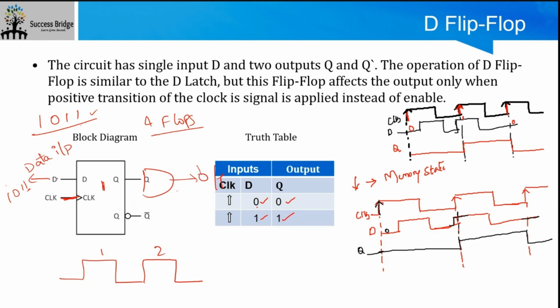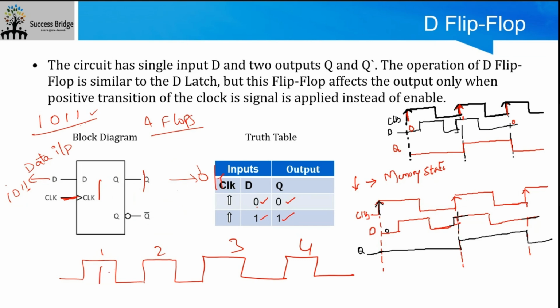Next, on the third cycle, you will have 0 coming in as data. Now in the third cycle, the data stored in this flip-flop is 0. In the fourth cycle, what is the value? 1. And in the fourth cycle, you will have 1.